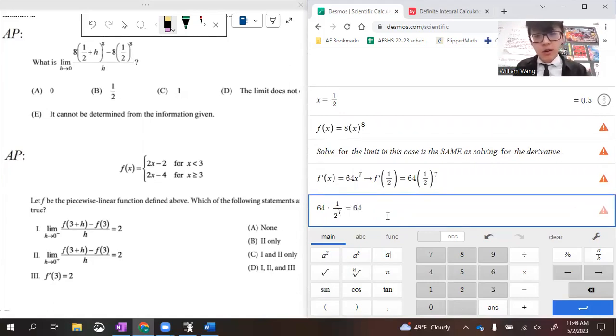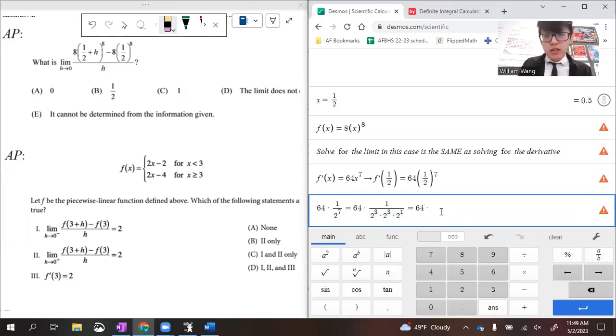That's going to be 64 times 1 over 2 to the 7th. And if you don't know 2 to the 7th, that's sort of fine. You can break it up. It's really 2 to the 3rd times 2 to the 3rd times 2 to the 1, because you add exponents. So you can break it up like this, right? 3 and 3 and 1 get you 7.